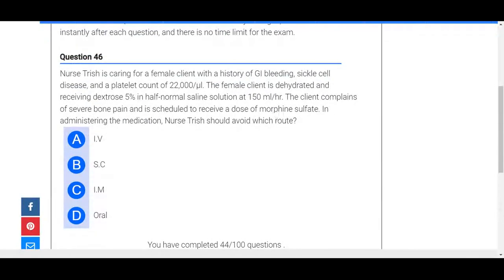Next one. Nurse Trish is caring for a female client with history of GI bleeding, gastrointestinal bleeding, sickle cell disease, and a platelet count of 22,000 per ml.